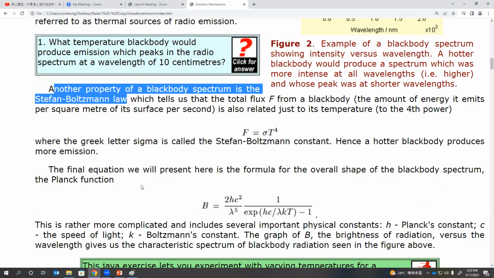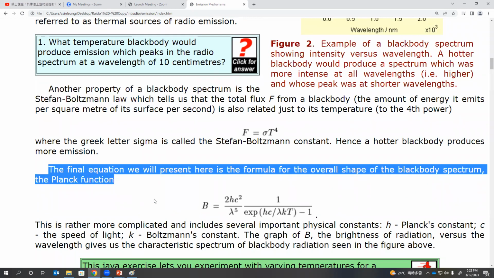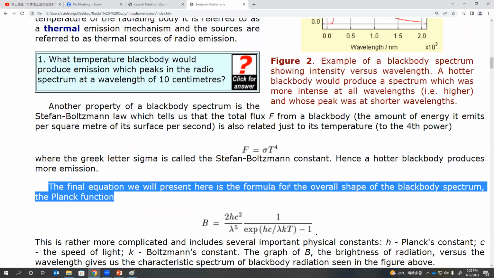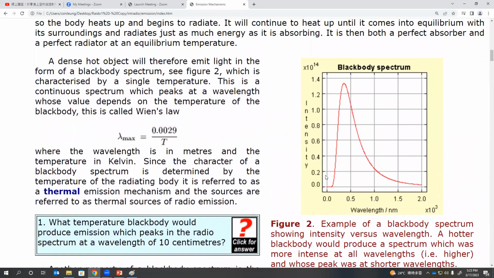All right, this is the Greek letter sigma and the Stefan-Boltzmann constant. However, the final equation we would like to present here is what we call the Planck function. The Planck function is a bit complicated because the scientists at that moment wanted to describe this spectrum, so they wanted to find an equation to describe such a property, and this property involves short wavelength and long wavelength.